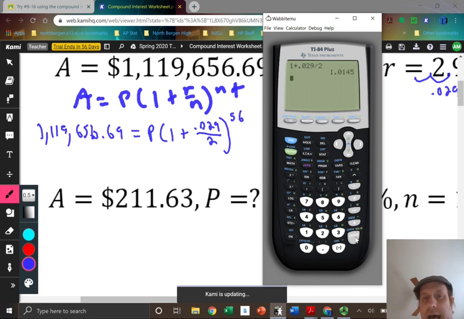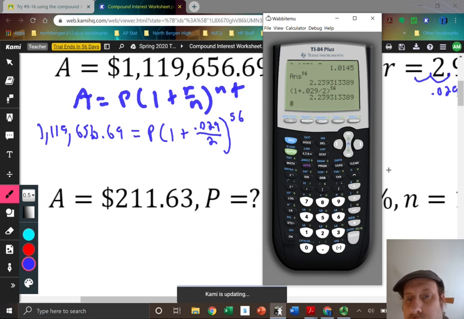Then I'm going to take that to the 56 power. If you want to do it all at once, you could, on a calculator like this. You should get the same answer.